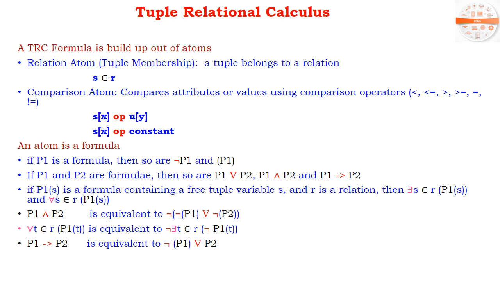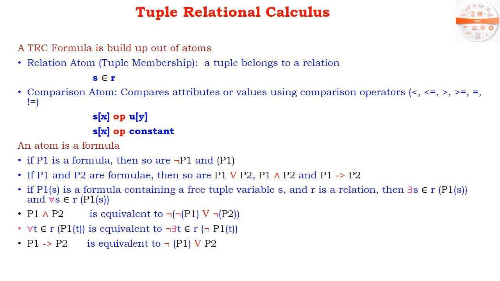So here we are going to compare using a comparison operator. Or s[x], the value of the attribute x from the tuple variable s, is compared with any constant. An atom is a formula. We'll discuss one by one here. If P1 is a formula, then so is the negation of P1.